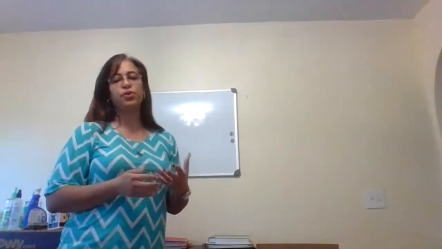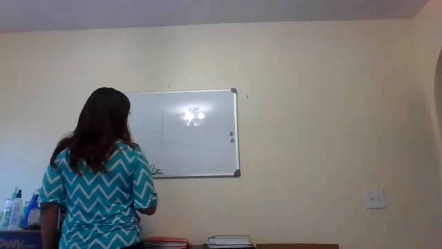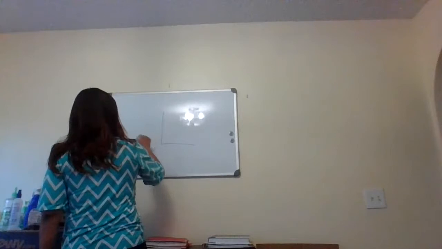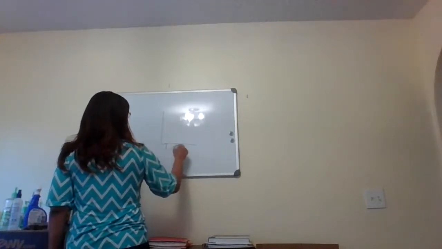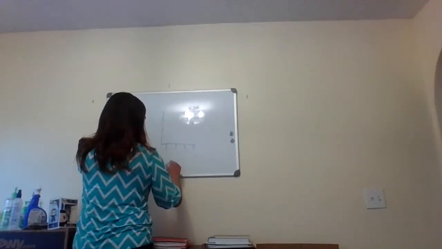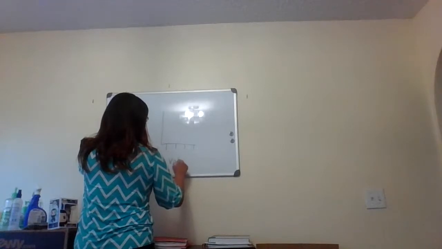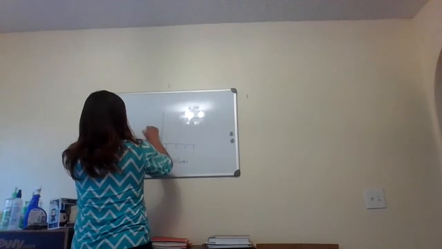So this is important for you to know because if you're looking at the density of a substance, let me go ahead and graph that for you. If you're looking at the density of a substance, this is the volume and this is the density.